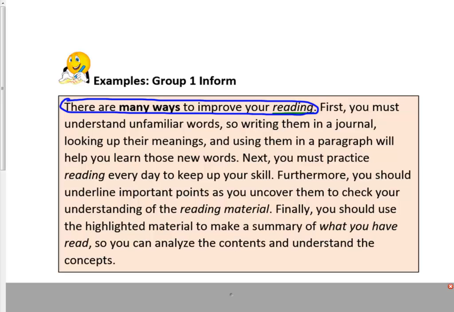There's nothing emotional. The author is merely telling you how to improve your reading by understanding unfamiliar words, practicing reading, and underlining and highlighting and making an outline for study purposes. So obviously the tone here, since the author is just imparting facts to the reader, is objective.